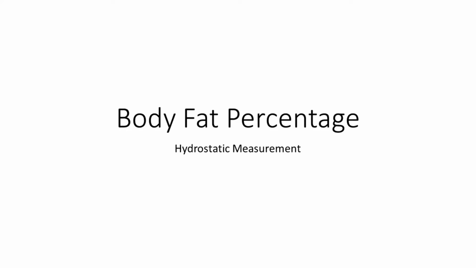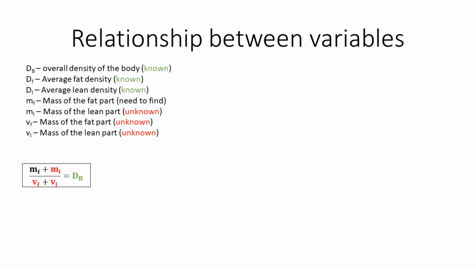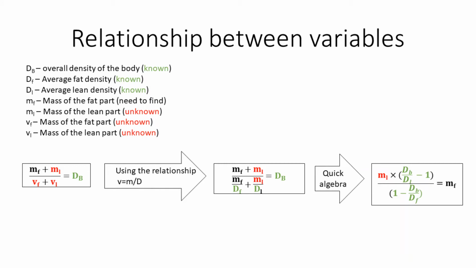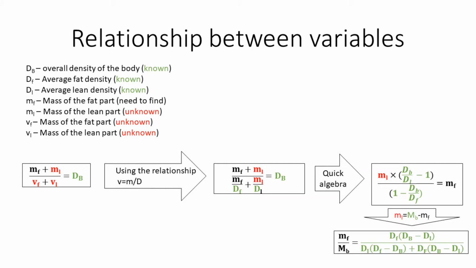We just start with a simple formula that relates masses and volumes of the body to its overall density, and after some algebraic manipulations, we arrive at the formula that can express a body fat percentage in terms of densities that we do know.